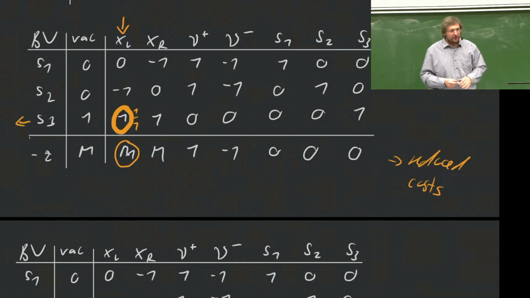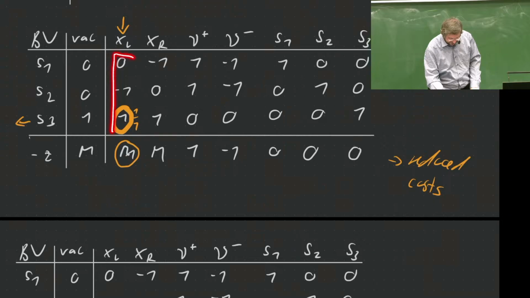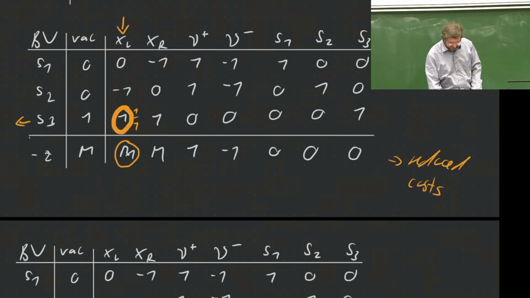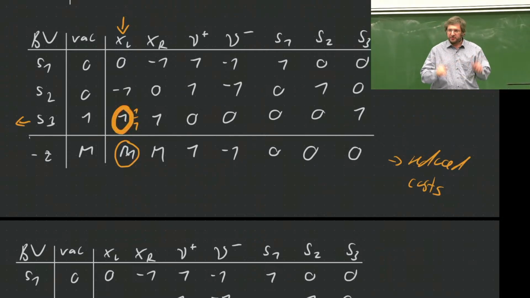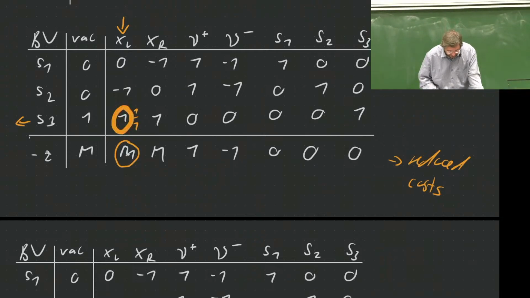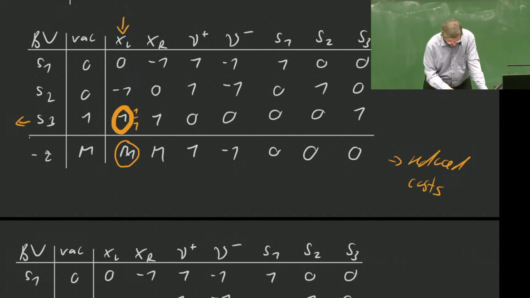And what we do now is we'll make sure that this column here becomes a unit vector with a 1 at this position and zeros everywhere else. And to do this, we just use Gaussian elimination. We have a 1 already, so no need to do anything about that. We have a 0 here. That's also good.